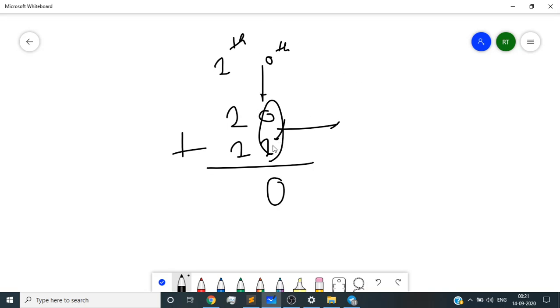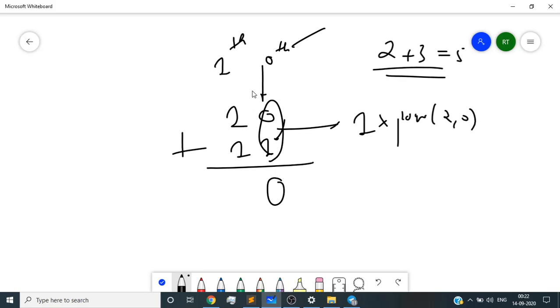It is the number of 1s in this zeroth line, which is 1 in this case, and the value of the zeroth line is 2 to the power 0. This is the contribution of this line to my final sum, since 2 plus 3 is basically 5. Now I am finding the contribution of this line.